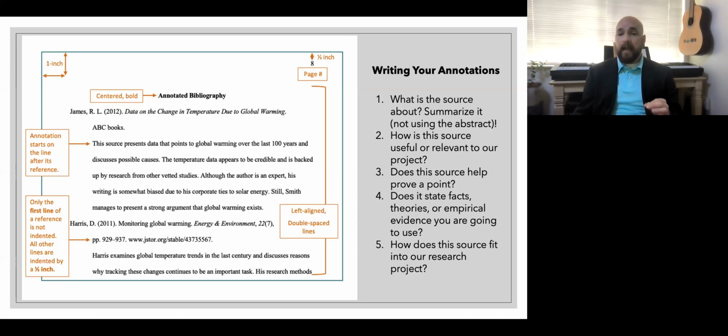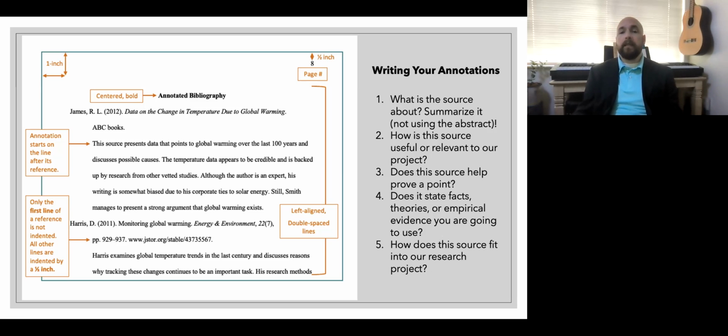Next, write how the source is useful or relevant to your project. This is number 2. Here you would explain if the source talks about an idea or study that relates to your research topic. Then number 3, does the source help prove a point?